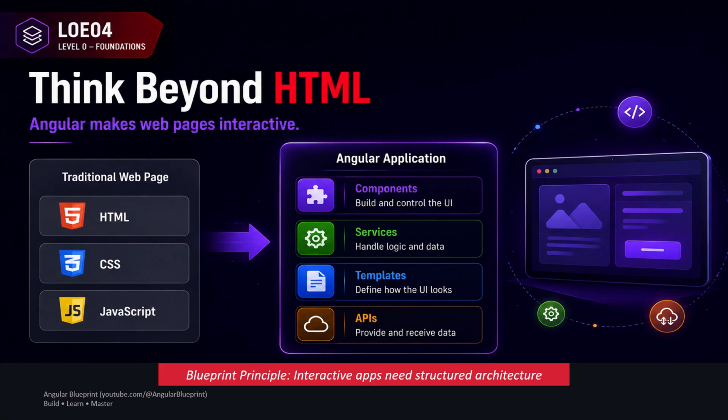Managing all that with plain JavaScript quickly becomes difficult. That's exactly the problem Angular solves. Instead of putting everything into one place, Angular organizes your application into small, manageable pieces. So, what are those pieces? Let's meet the team that makes an Angular application work.